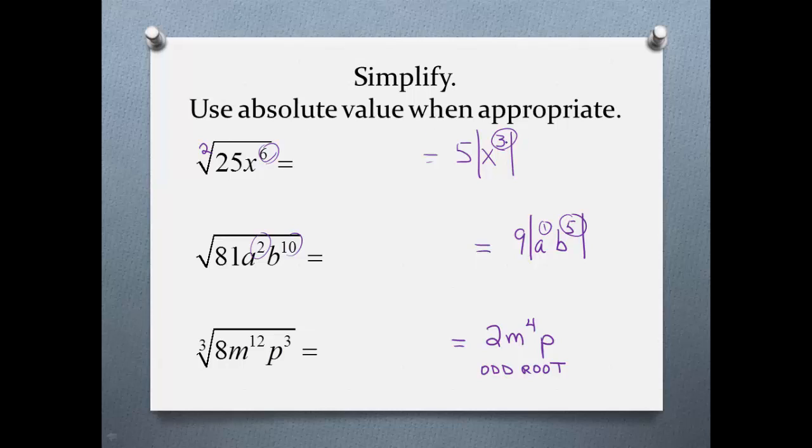So 6 divided by 2 gives me 3. 10 divided by 2 gives me this exponent over here of 5. Down here, if I take this 3 right here and I divide it into these exponents on the variables, 3 goes into 12 4 times, and 3 divides into 3 1 time. So that's a shortcut you can use if you want to.